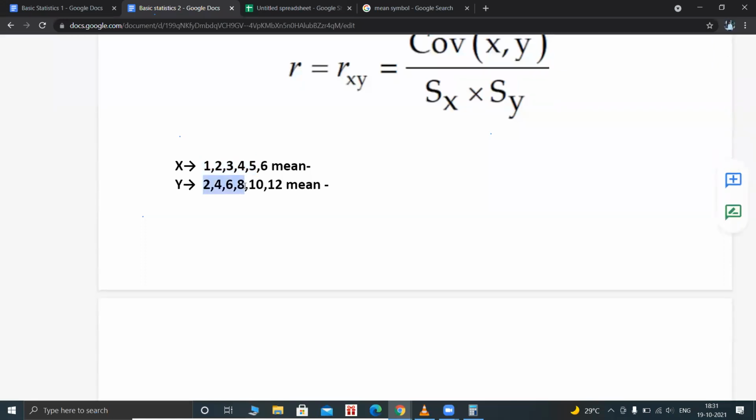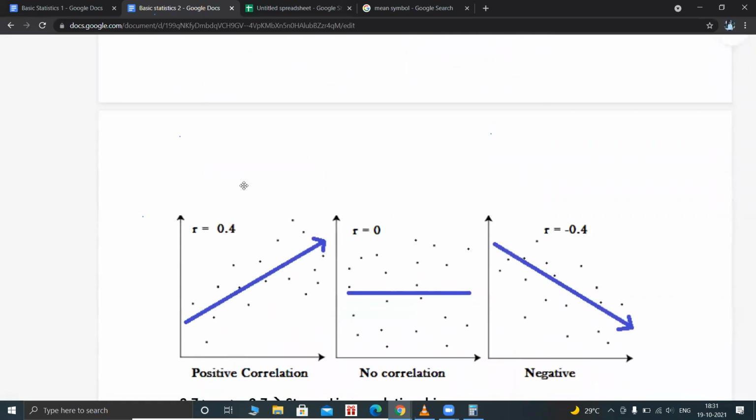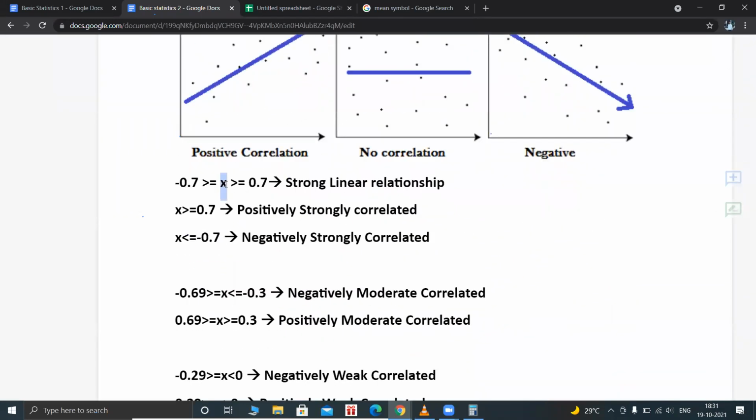We can observe that if the value is between minus 1 to minus 0.7, and as well as plus 1 to 0.7, right?